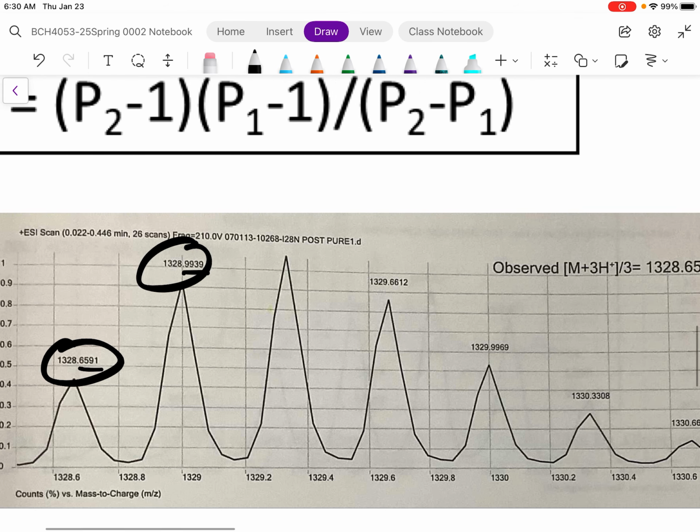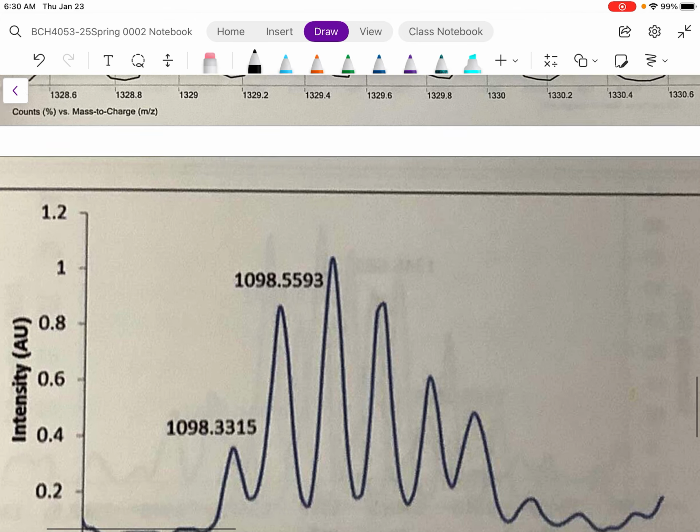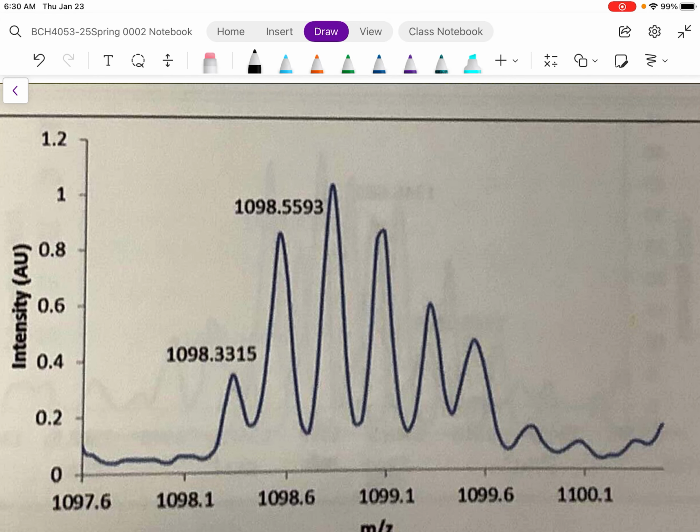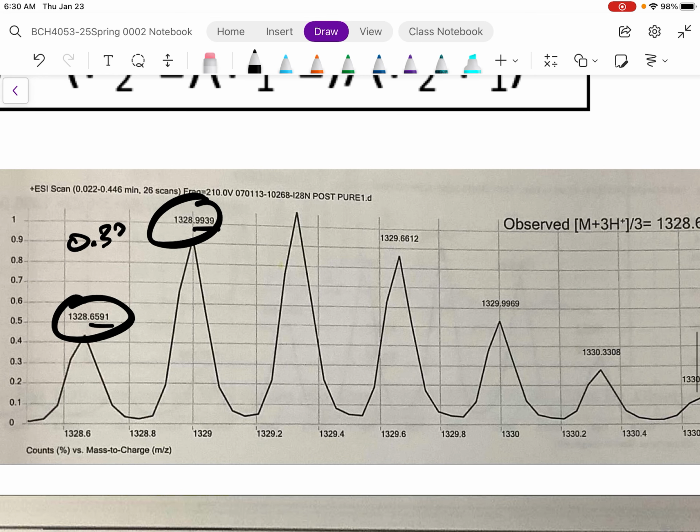Or if you look at this one, what's the difference between this decimal and that decimal right there? Like 0.25? So the difference between those is 0.25, and this one right here is 0.33. Why is that so important?